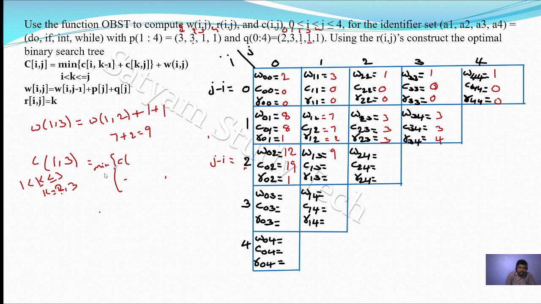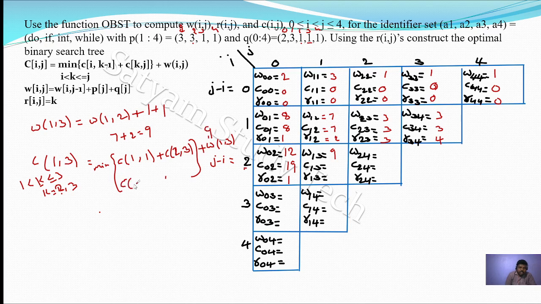I value is 1 and k value is 2, minus 1 is 1. Here it is c of 1 1 plus c of kj, that is 2 comma 3, plus w of ij, that is 1 3. You know already w of 1 3 value is 9, already calculated.